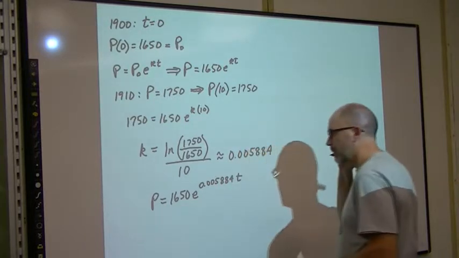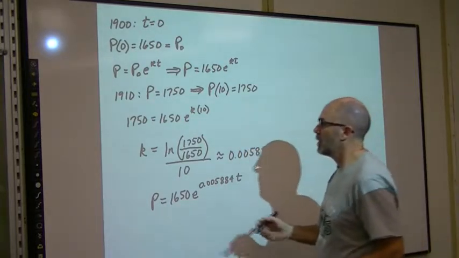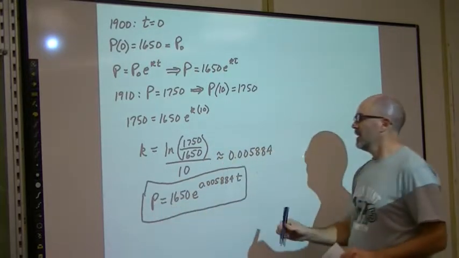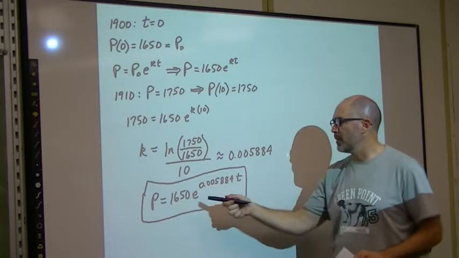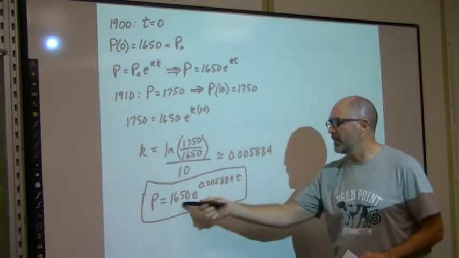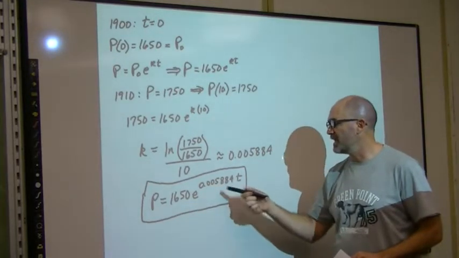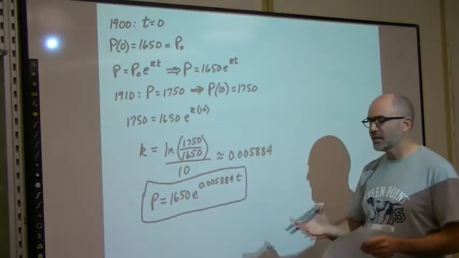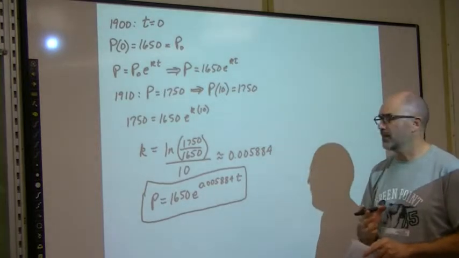So this is the goal: to get P equals P sub O e to the kt when we have P sub O defined and we have k defined. Now, any other questions they ask us, it's going to be easy.